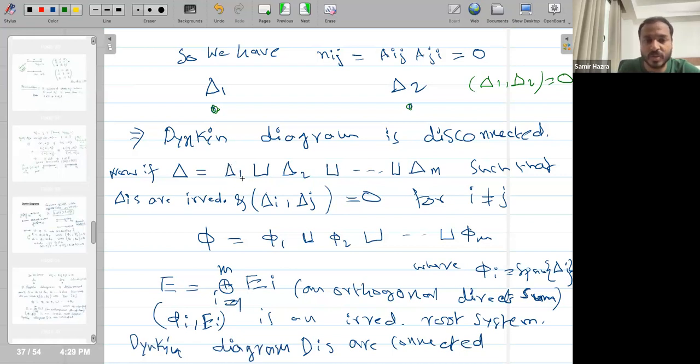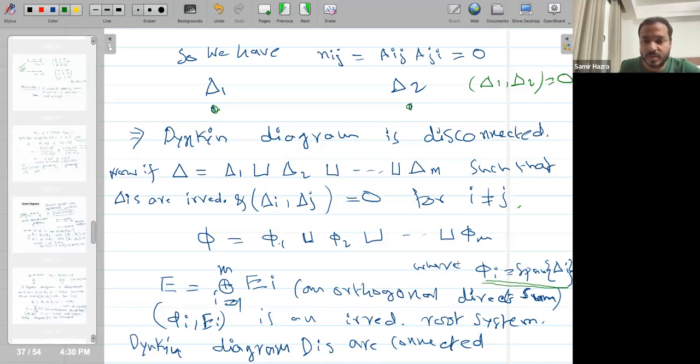Okay. So suppose all these are irreducible and we have the orthogonality condition, delta i inner product delta j equal to 0 for i not equal to j. Okay. Then from here we can actually get a decomposition of phi. These are equivalent things. So the root system then can be written as a union like this, phi 1 up to phi m, where phi i is nothing but the span of delta i. Okay. So phi i is the span of the base delta i.